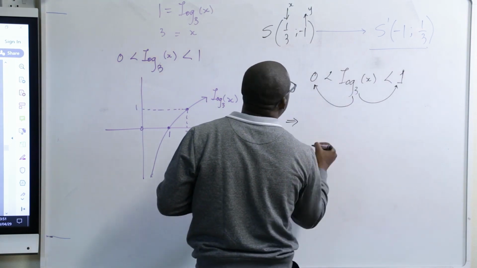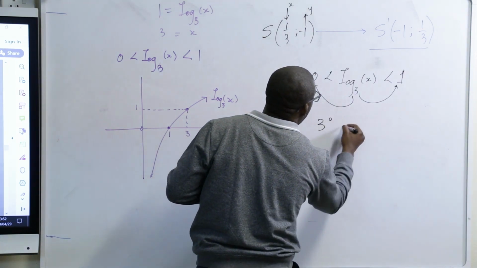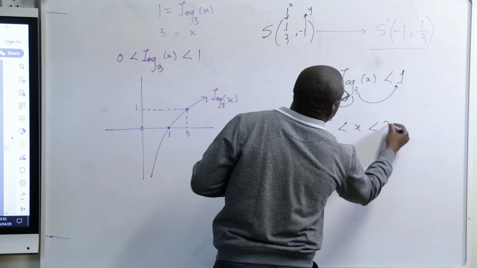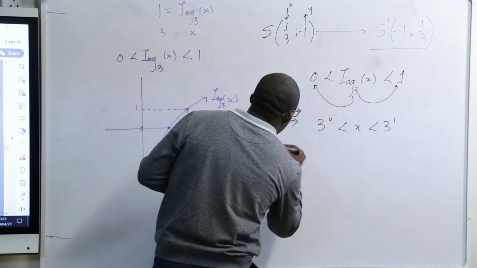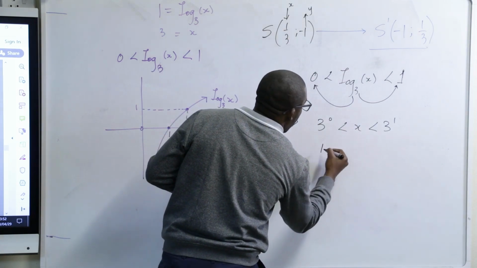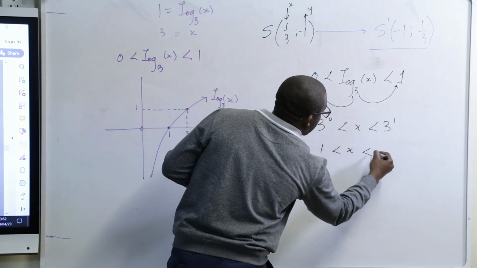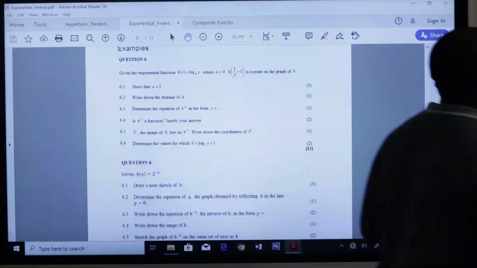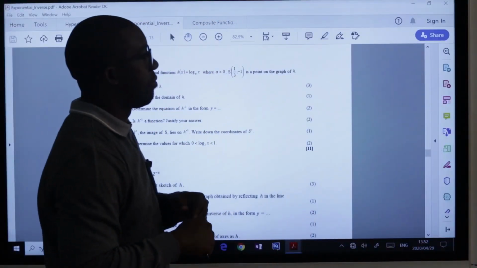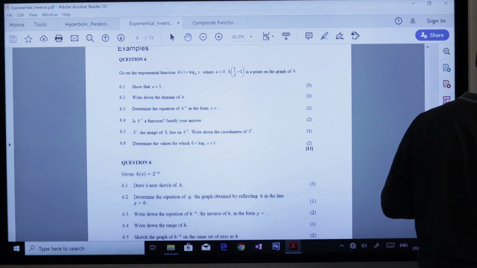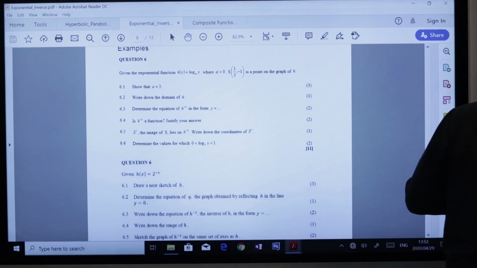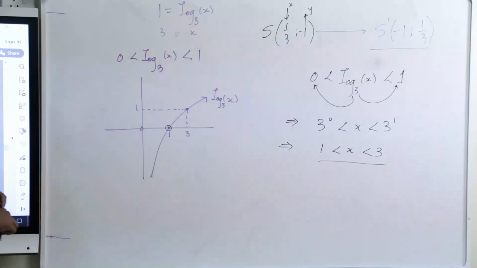So next step, this implies 3 to the 0, 3 to the 1. Anything to the 0 is as good as 1. Same answers. Here, it was 0 for y, and here it will be 1 for y.